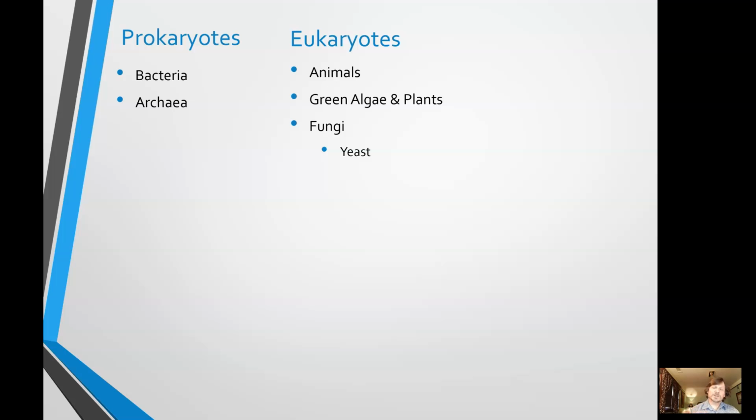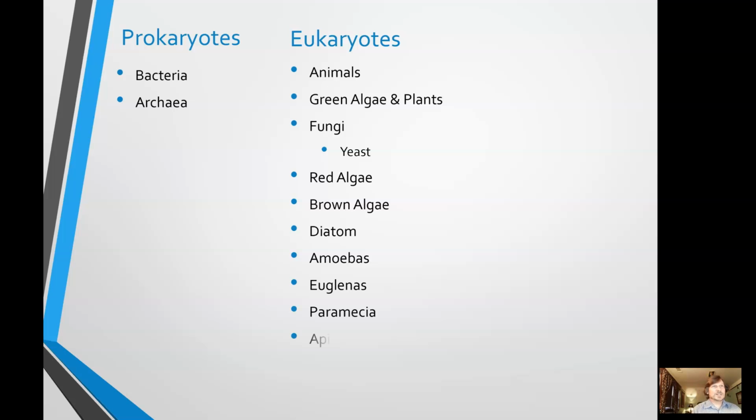And then a whole bunch of other smaller organisms, typically, with some exceptions like seaweeds, the kelps and the brown algae. In the Protist lab you're going to be seeing lots of diversity of other types of organisms like red algae, brown algae, diatoms, amoebas, euglenas, paramecia, apicomplexans, malaria, so there are internal parasites, water molds, and dinoflagellates.